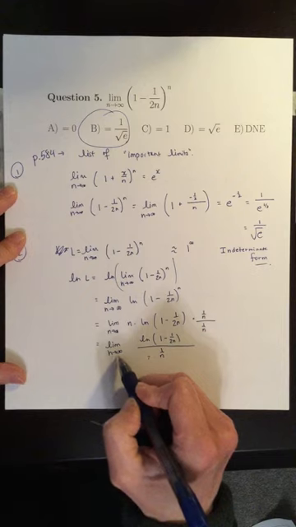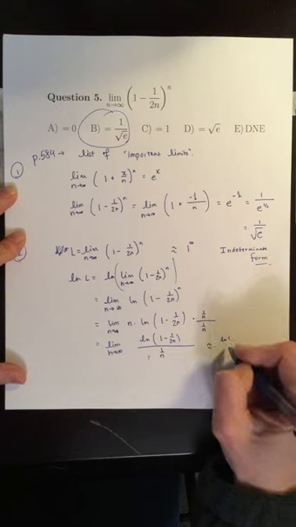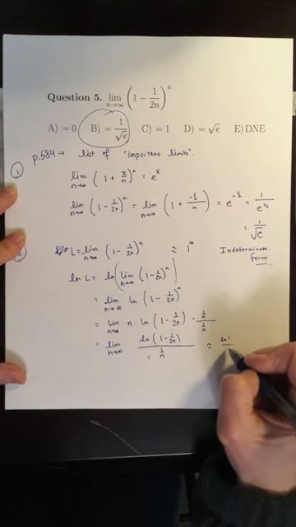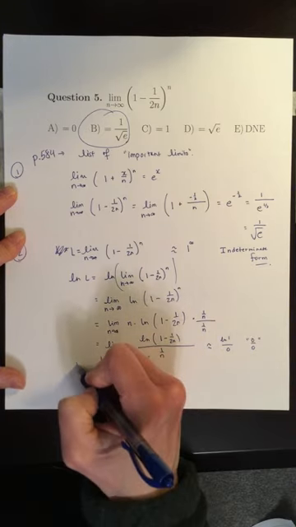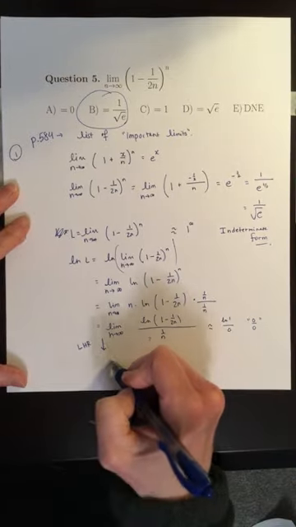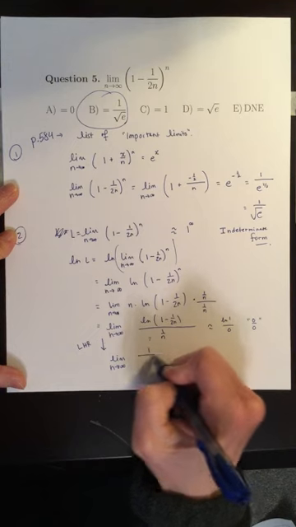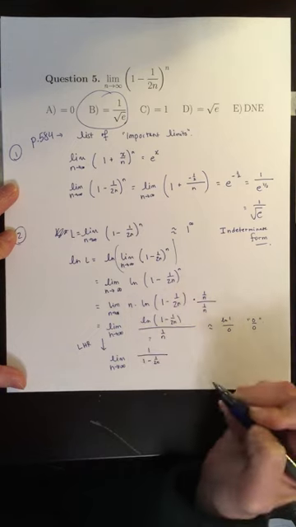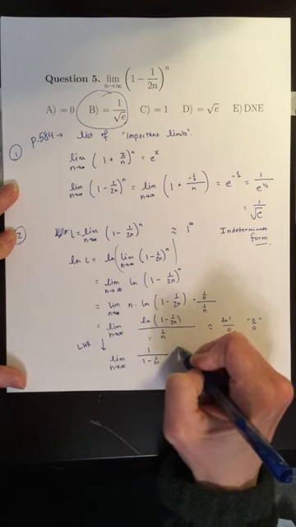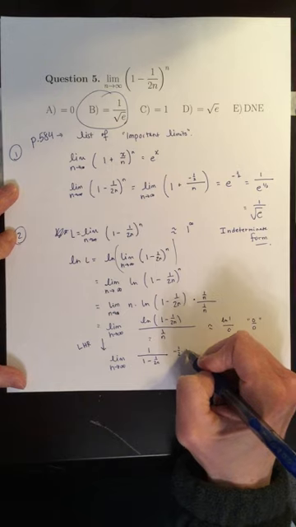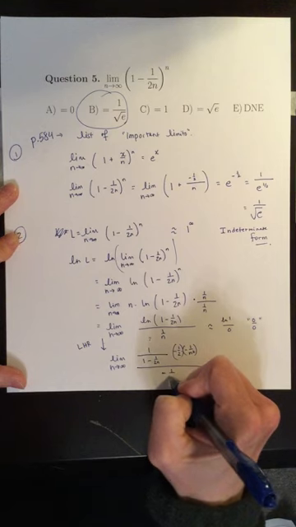And now as I let n go to infinity, I've got the natural log of 1 over 1 over a large number, so this is a 0 over 0 form. So now I can apply L'Hopital's rule, and I get the limit as n goes to infinity of 1 over (1 minus 1 over 2n), times a negative 1/2 times a negative 1 over n squared, all over a negative 1 over n squared.